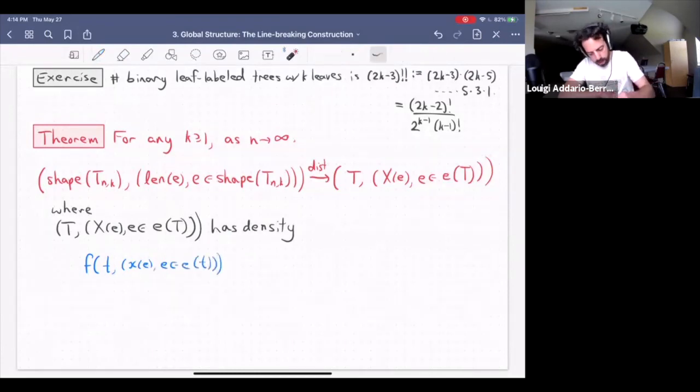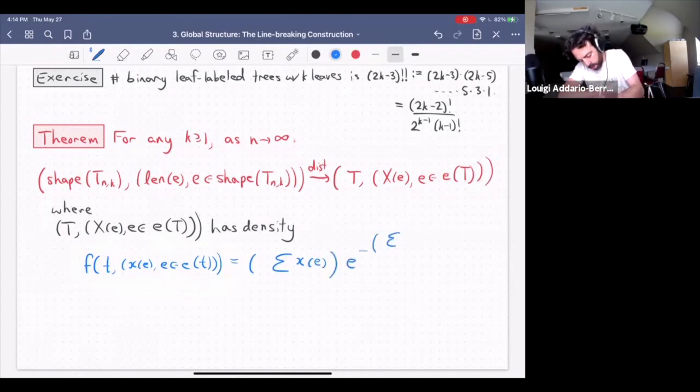The density with which I observe a particular tree and particular weights is given by the sum of the lengths, and then e to the minus the sum of the lengths squared over 2, over edges of the tree.